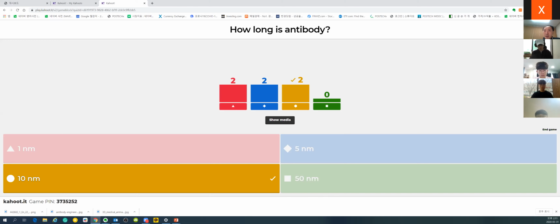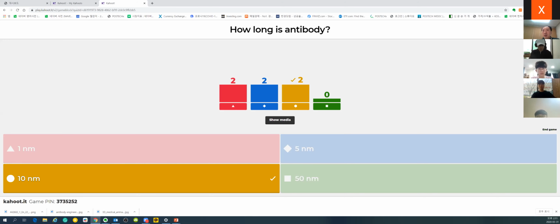So an antibody is a Y shape like this, and the whole length is about 10 nanometer. I just wanted to give you the idea. The size of an antibody is quite similar to one spike of a coronavirus. Maybe the coronavirus spike is a little bigger than an antibody, but it's a similar size.